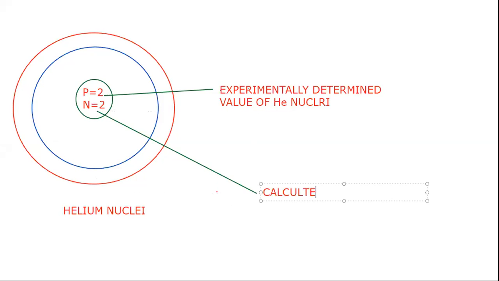It means there are two types of masses: the experimentally determined value of helium nuclei, and the calculated value of helium nuclei.